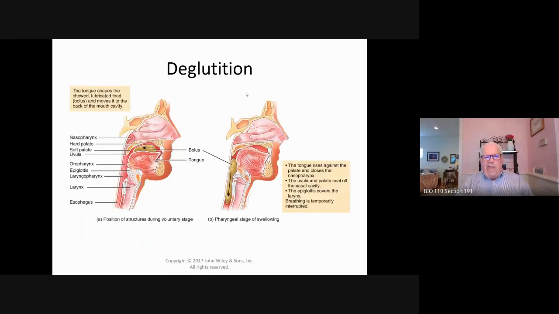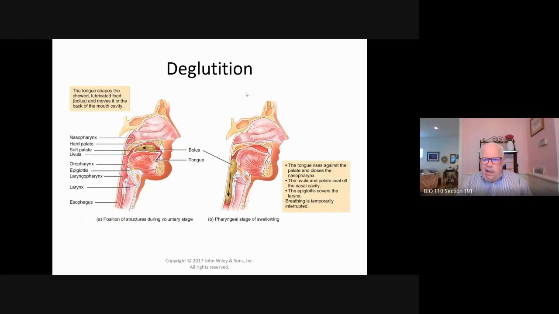Okay? The act of swallowing is called deglutition. The tongue shapes the food into a lubricated bolus and moves it to the back of the mouth. The tongue rises against the palate and closes the nasopharynx, so no food can get into the nose.